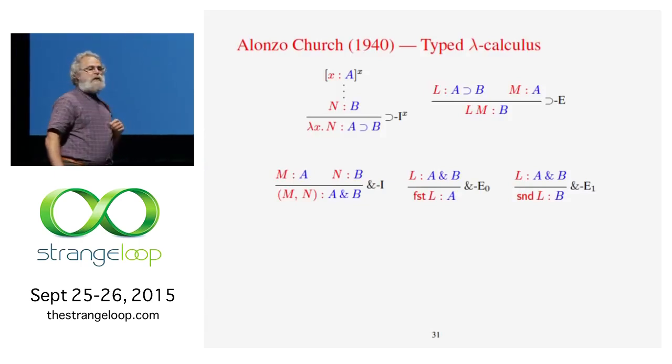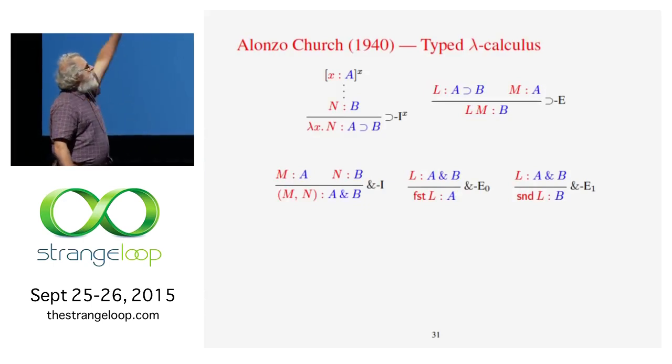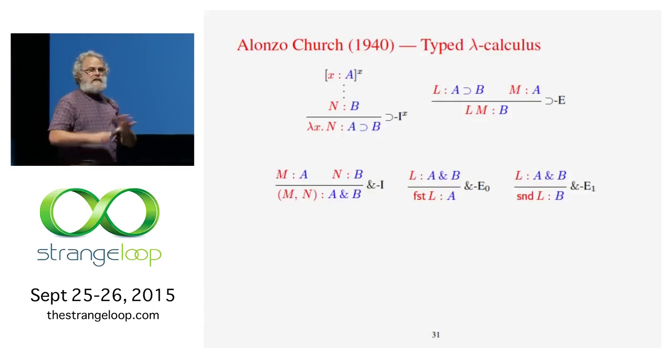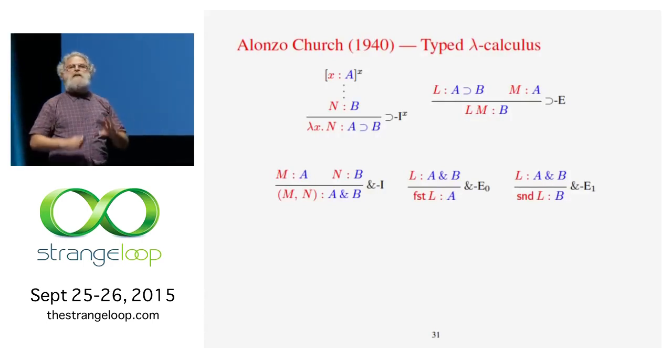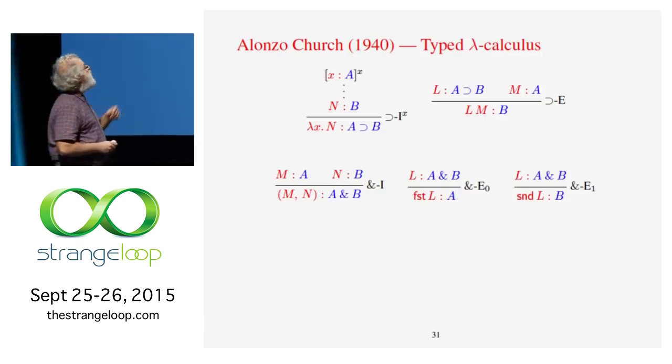So here I've got terms of the lambda calculus in red and conclusions in blue. And as well as functions, I'm now dealing with pairs. You can also deal with things like records and variants, and pretty much every data type you name, you can build up out of these ideas. But I'm just going to show you functions and pairs.